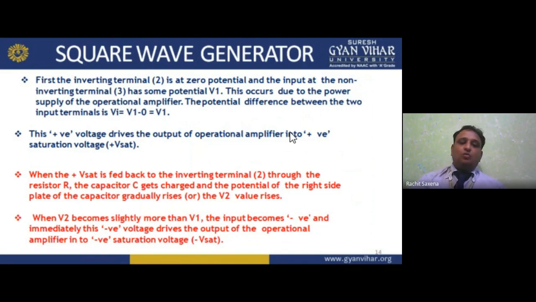Now, when the positive VSAT is fed back to the inverting terminal 2 through the resistor R, the capacitor C gets charged, and the potential of the right side plate of the capacitor gradually rises, or the V2 value rises. Now, what happens after VSAT is fed back to the inverting terminal 2?